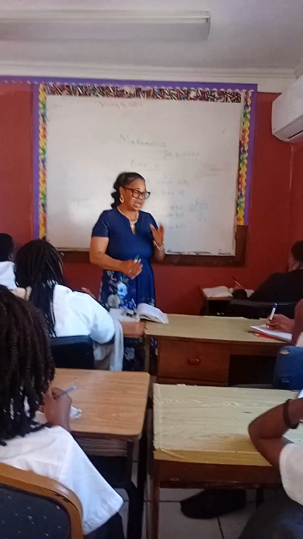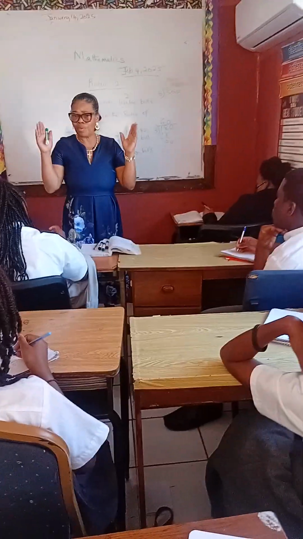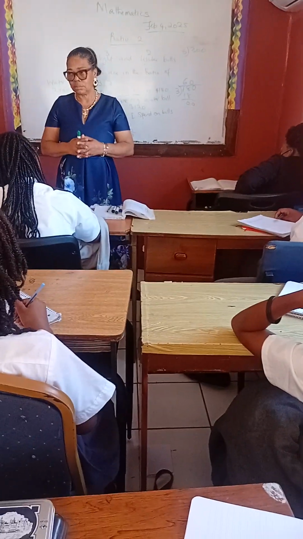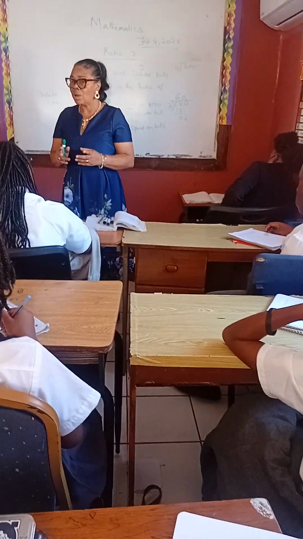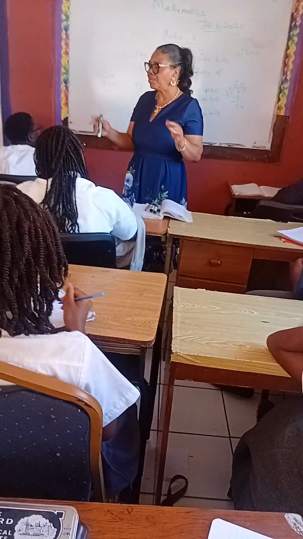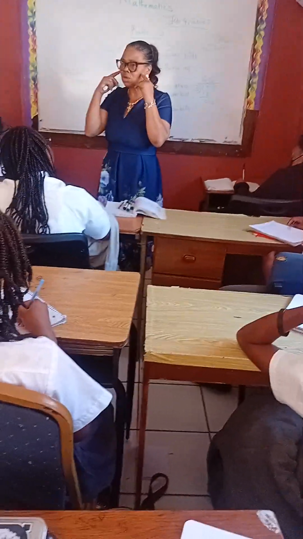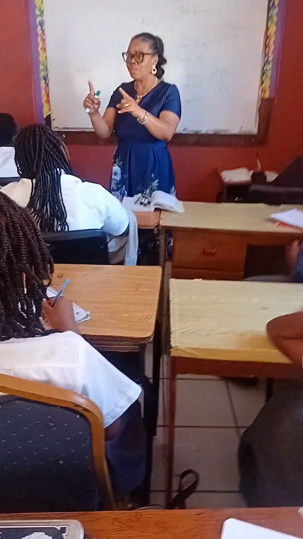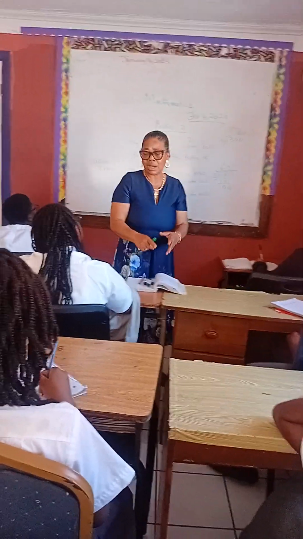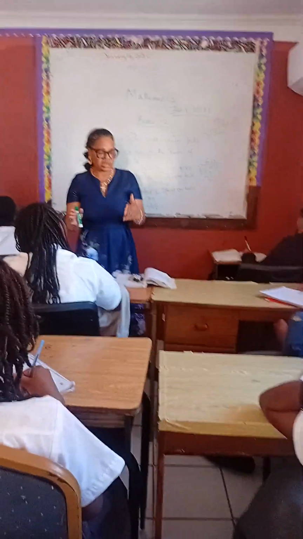The most important thing in ratio is that I have to find one part. So whether they give me the total or they give me just what one person gets, I have to remember that ratio is all about finding one part and then multiplying it by the number of parts of whatever it is we're sharing.